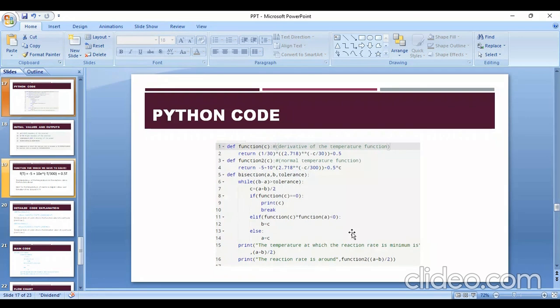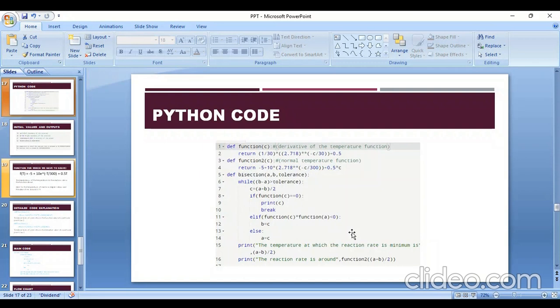If the product of derivative value at c and derivative value at a is not less than 0, then it will be executing the else block. So in the else block, we will be initializing the a value with c. So the new interval will be c to b. So once again, it will be checking the interval length. If it is greater than tolerance, then once again it enters the loop and it repeats the process.